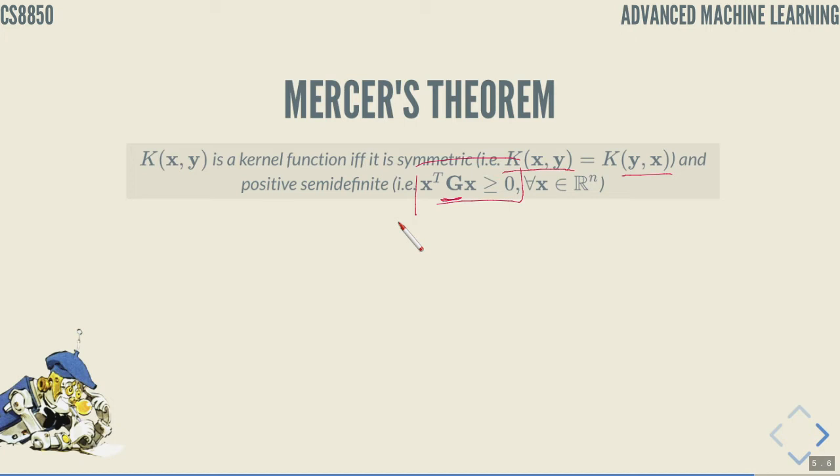From linear algebra, we know it follows that the minimal eigenvalue is no less than 0, and then the matrix is positive semi-definite. But easier said than done, because testing for positive semi-definiteness is difficult, and symmetry is as well.